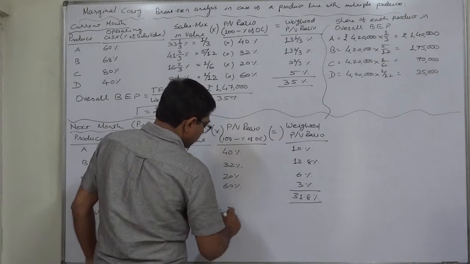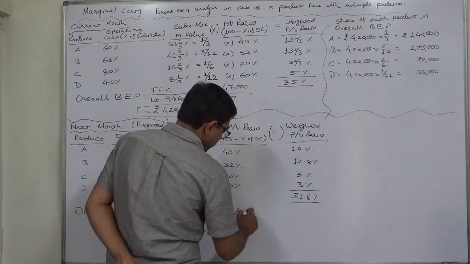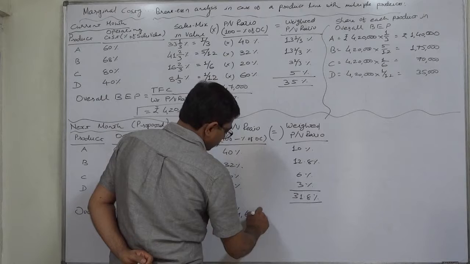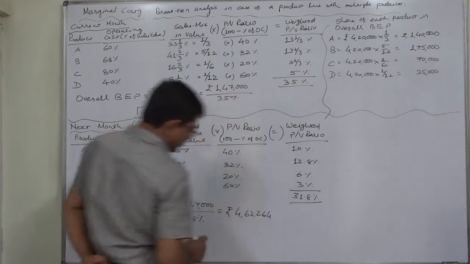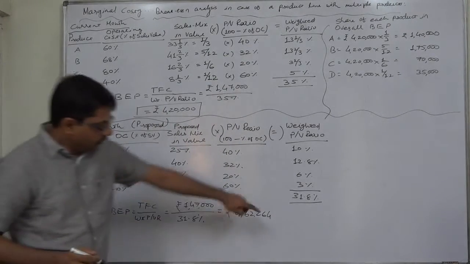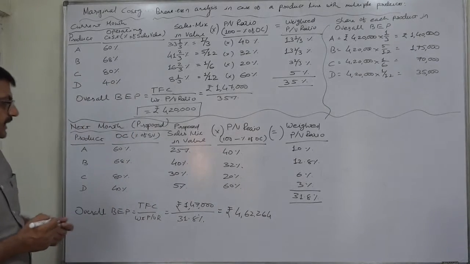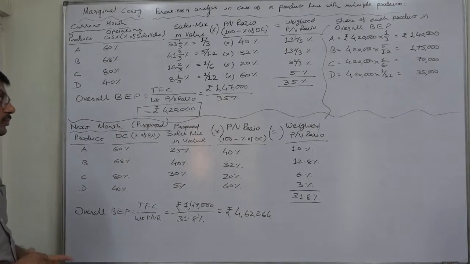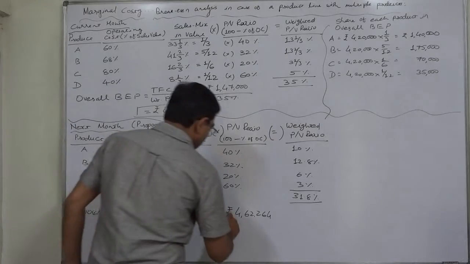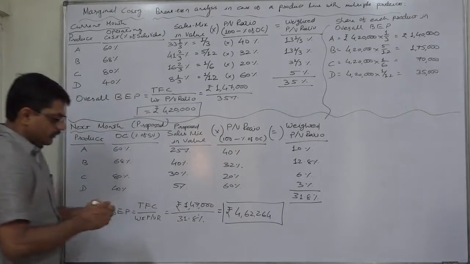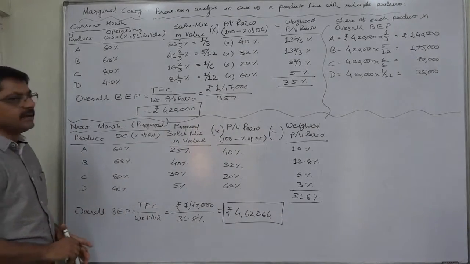So the revised BEP, overall BEP comes to 4,62,264. Interesting amount is there. From both the sides, the figures remain in the same order. 4,62,264 against 4,20,000 in the current month.